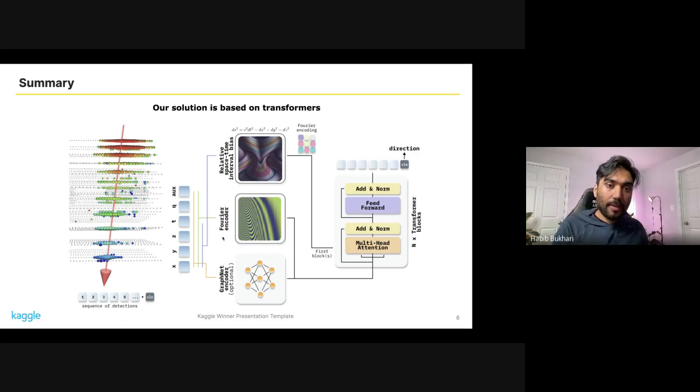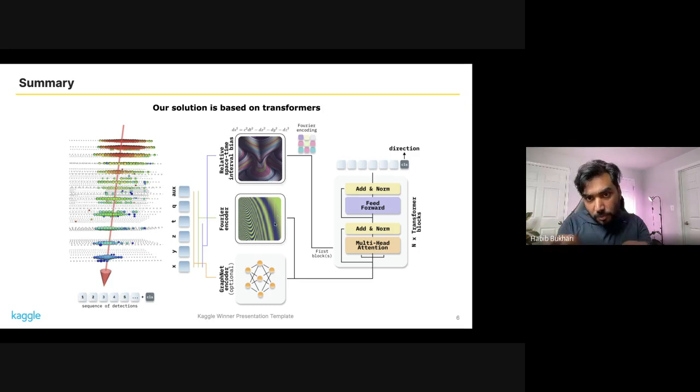Then our main thing is that we use a Fourier encoder layer. Again, we have a separate slide where we go into much more detail about what exactly is happening in this Fourier encoder layer. Then we also have a layer called relative space-time interval bias.